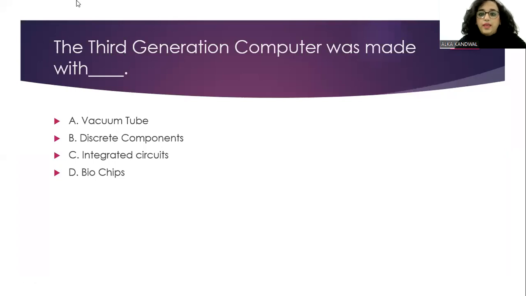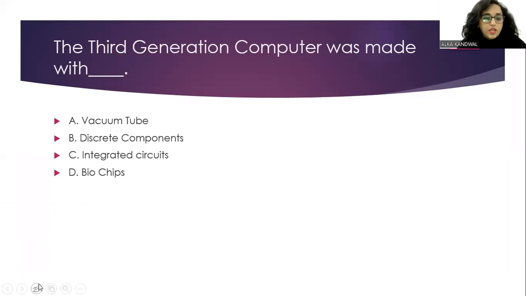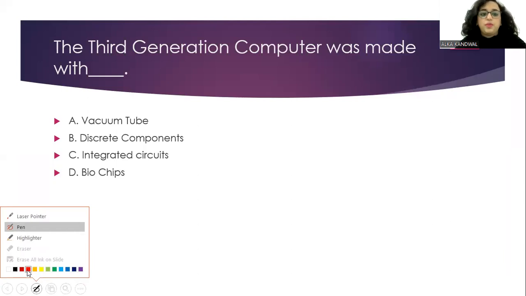So the first question asks you what the third generation computer was made with. If you have revised the concept we did earlier, then definitely this question is a piece of cake for you. So tell me, what should be the answer?